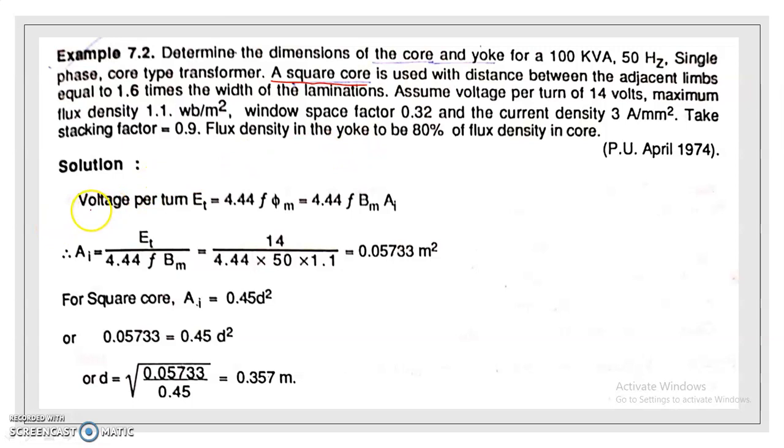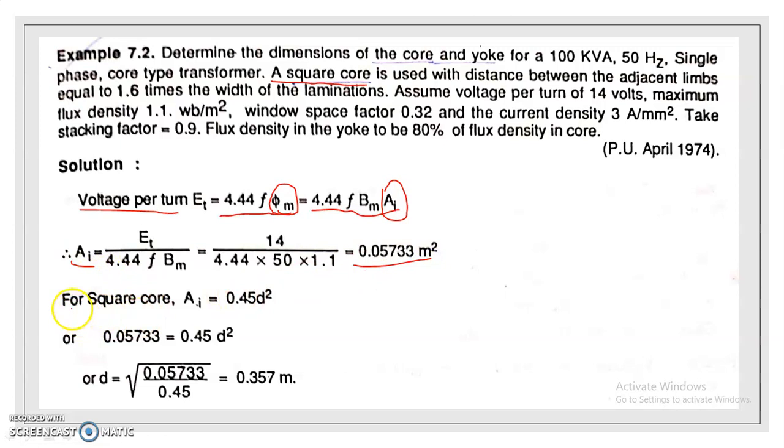Voltage EMF per turn we know, that is 4.44 F phi m. This phi m we can define in terms of area and flux density, so we can write 4.44 F BM into AI. Just put the values of frequency and BM. ET is also known, the unknown part is AI. Just calculate AI from this, you will get the AI.